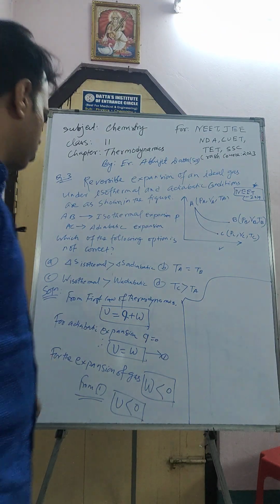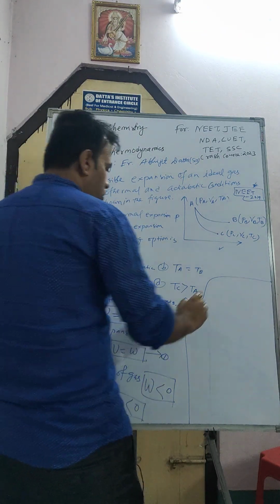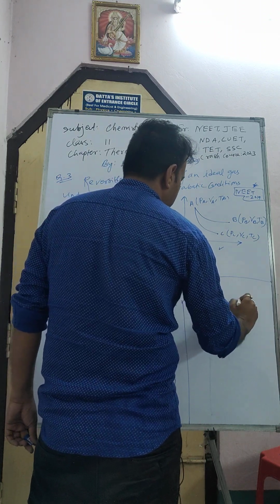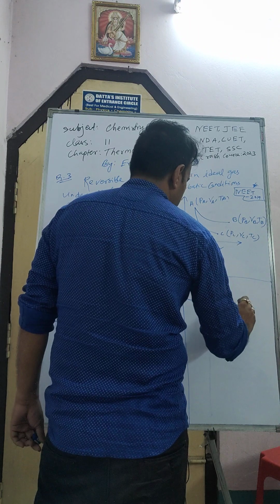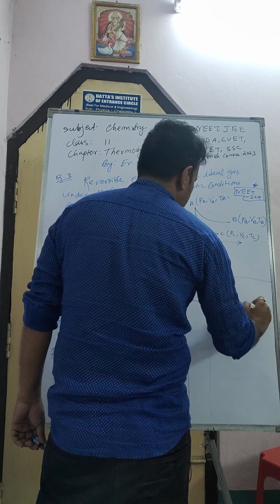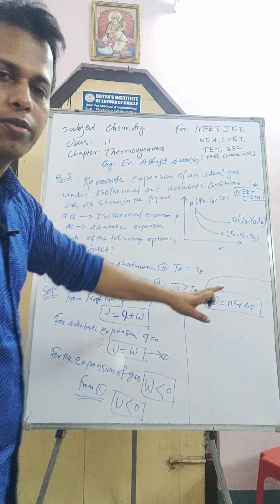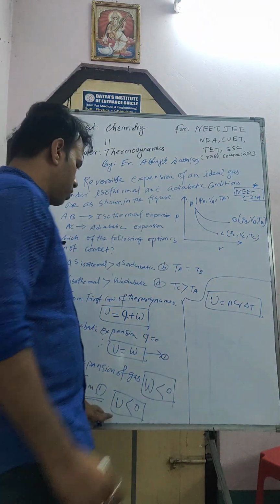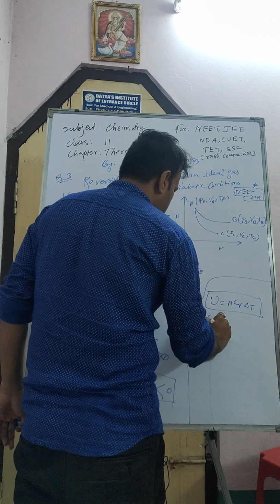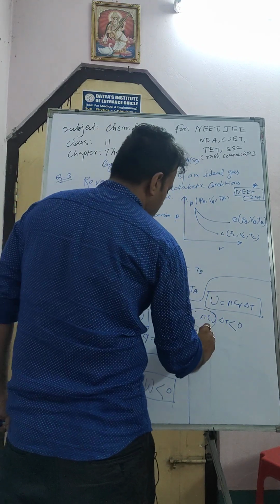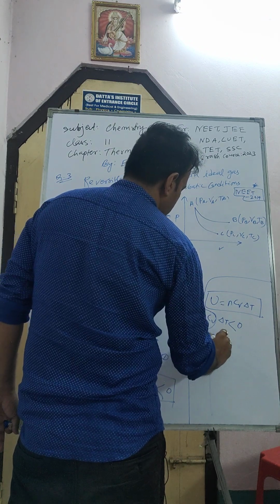We know the formula of internal energy is ΔU = nCv ΔT. So nCv ΔT is less than 0. This part is constant, so ΔT will be less than 0.